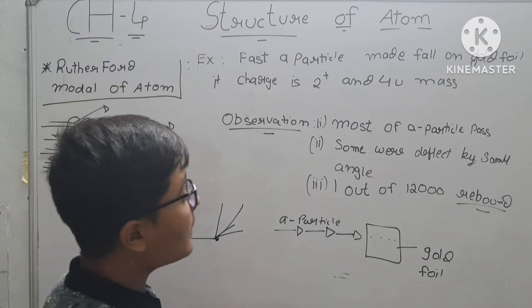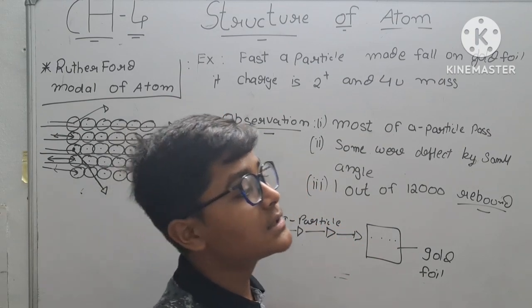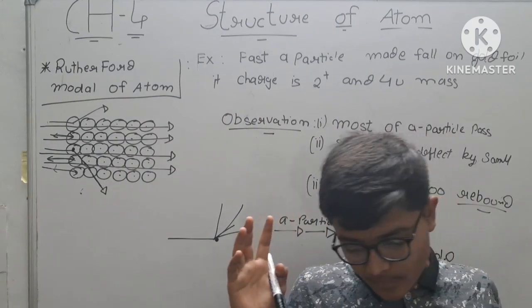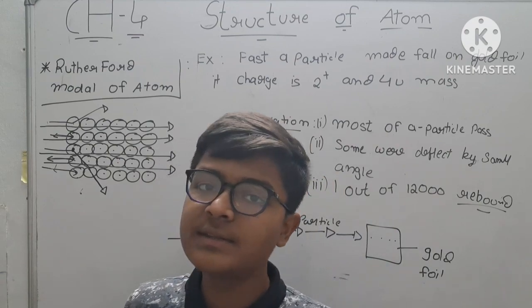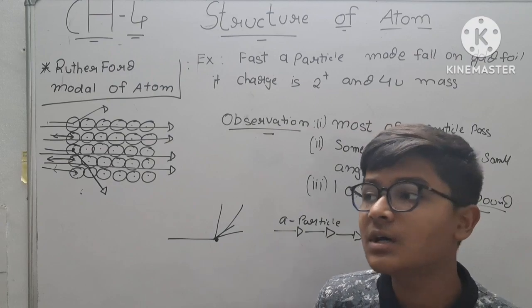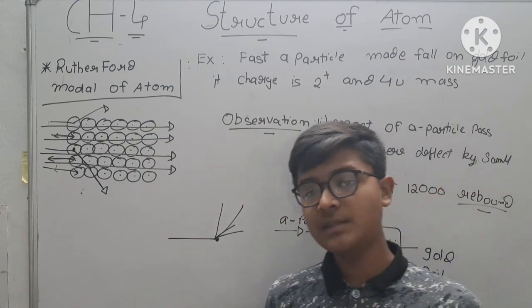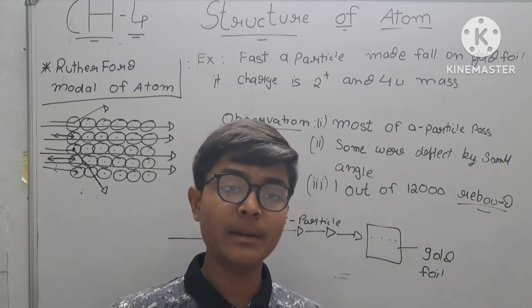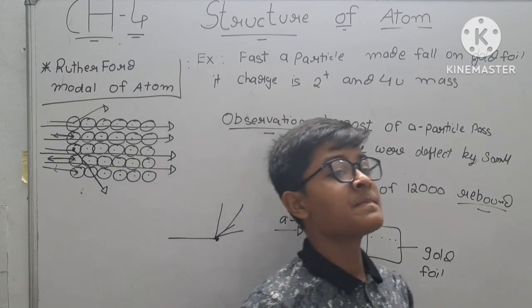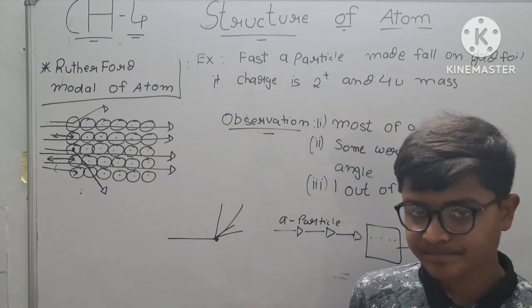Now the third observation was very shocking. Rutherford thought that the mass of the alpha particle is much larger than the mass of the atom, so it would not rebound; it would remove the atom.